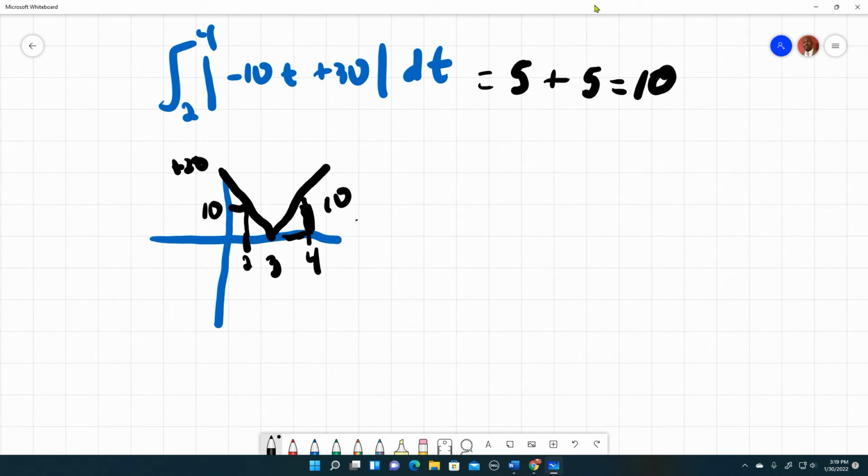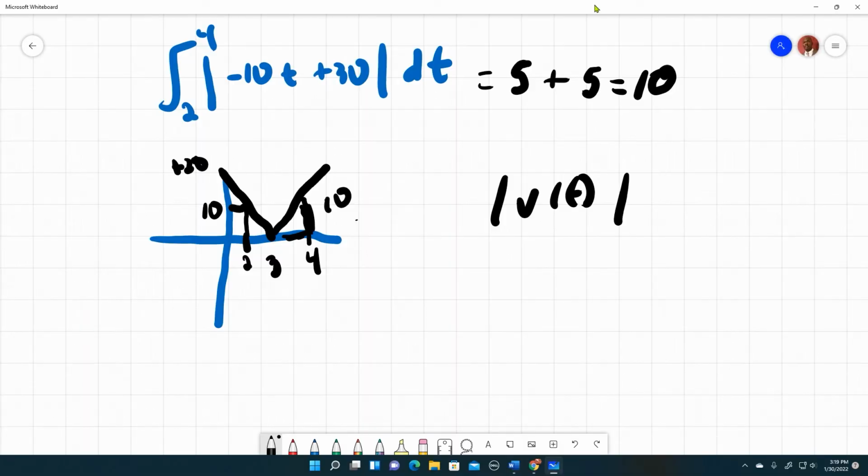So that's what we have to do. And in fact, when I integrate the absolute value of the velocity function, I'm integrating speed. So the absolute value of velocity is what we call speed.